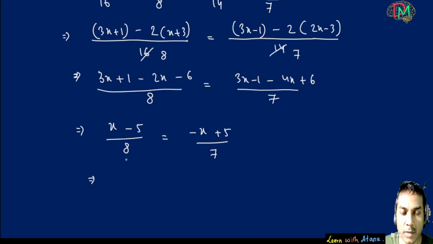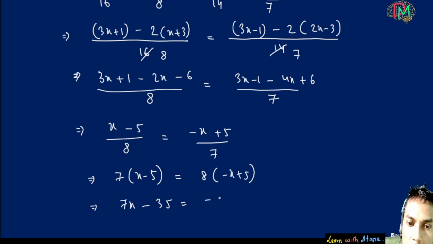Then we cross multiply it: 7x minus 5 is equal to 8 minus x plus 5. So 7x minus 35 is equal to minus 8x plus 40.